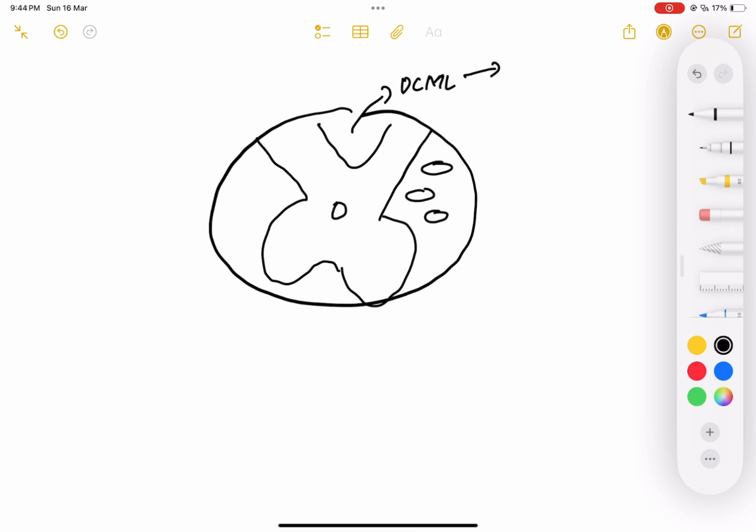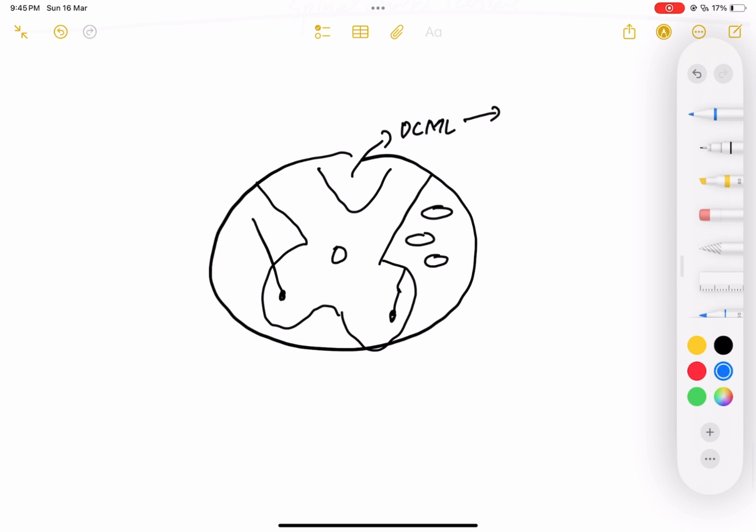Along with that, we also have the descending fibers, corticospinal fibers, which will just send signals to your anterior horn, which is motor in nature, right? We also discussed that we have the lateral spinothalamic tract, which carries information, that is your pain and temperature.